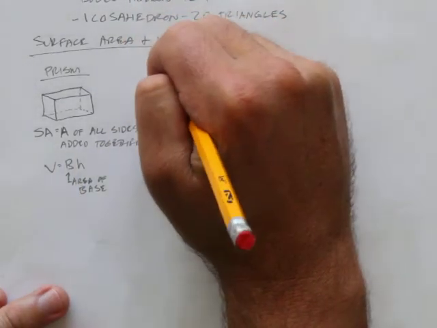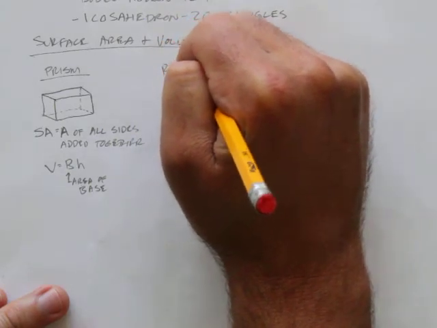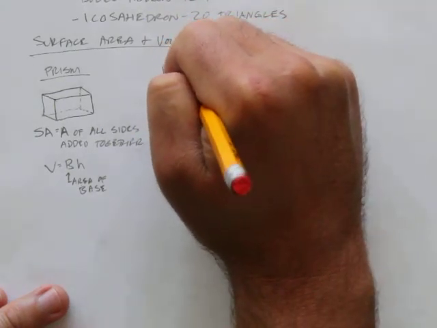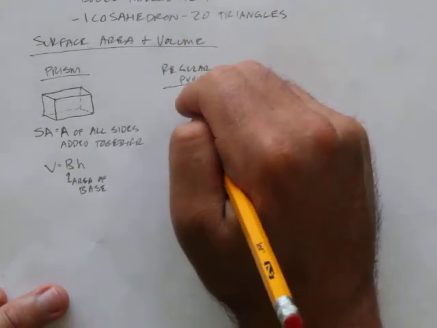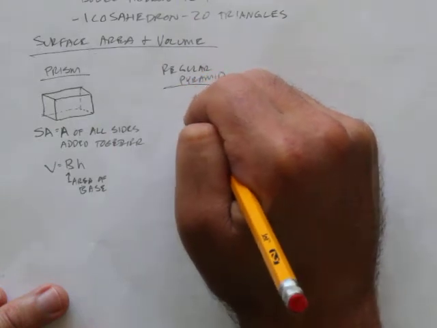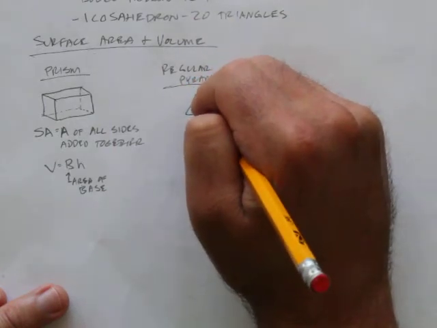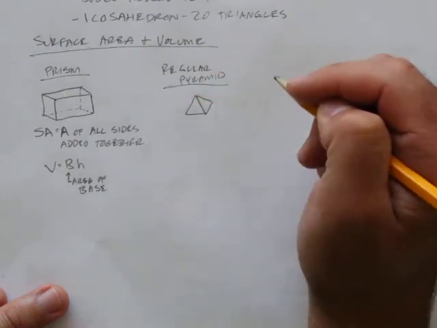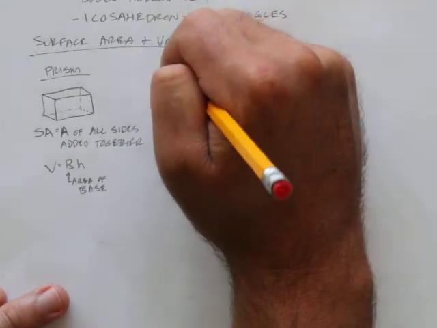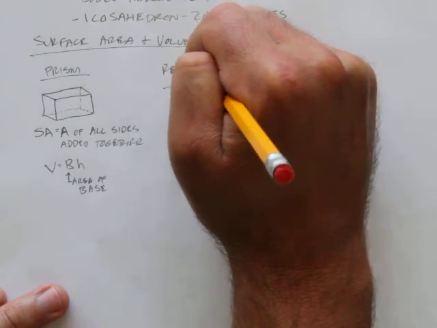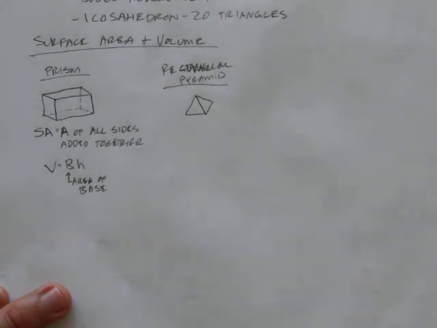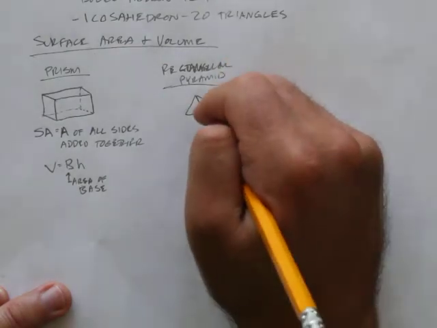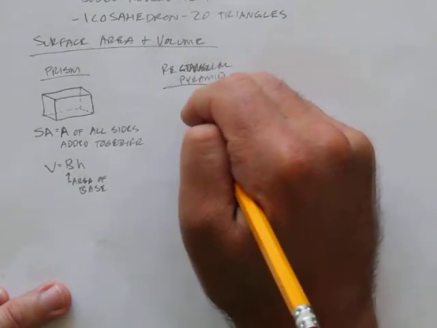Regular pyramid. So I've got a triangle. Oh, not regular. It should be rectangular. Rectangular pyramid, so that the bottom is a rectangle.